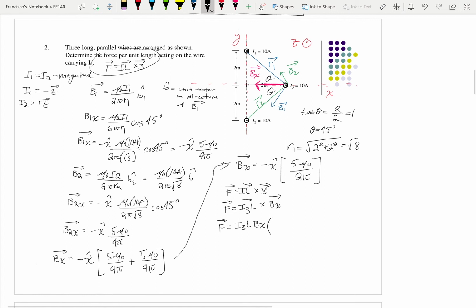So we know that the direction of I3 on the wire here is going to be the negative z direction, and cross, and we already concluded that Bx is in the negative x direction. Okay, now we have this formula here. We're trying to know the force per unit length, so we could divide L over. And this equals negative z cross negative x, which is going to give us positive y using our right-hand rule.